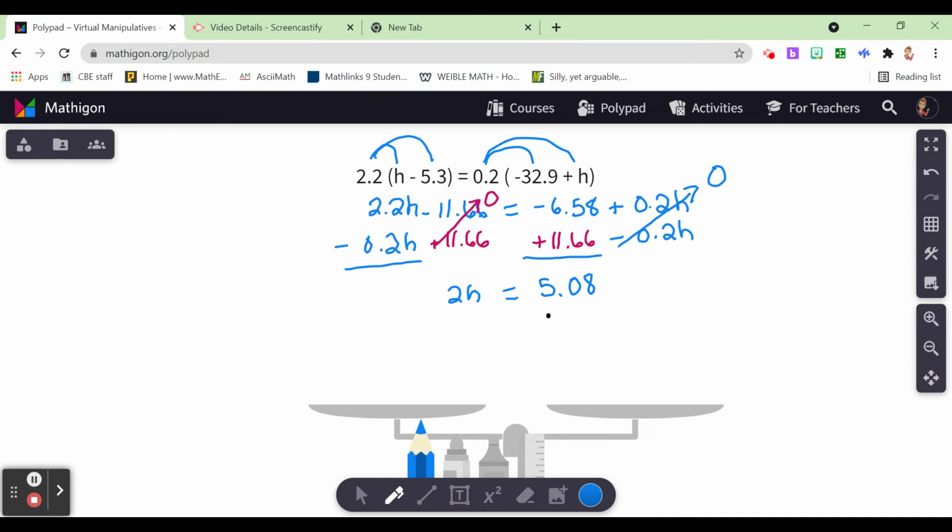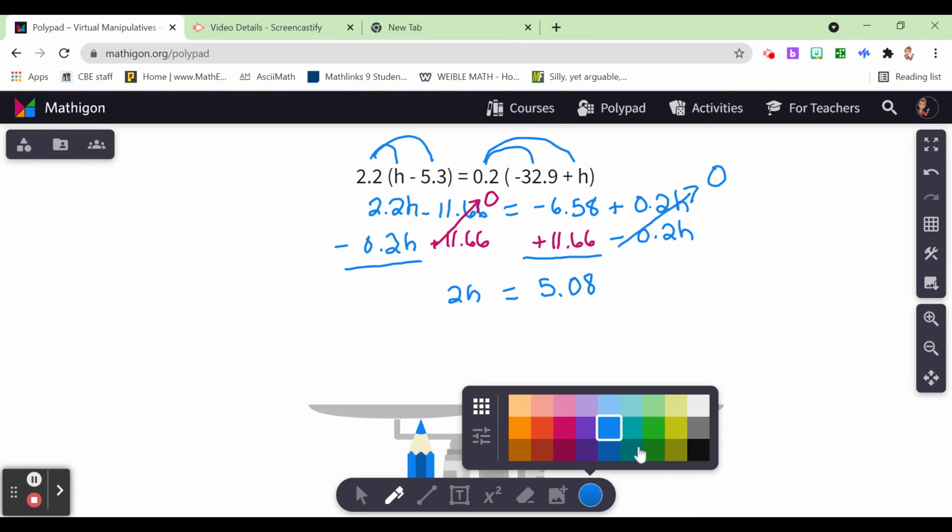Now I have a very basic equation, so now I need to group it. And the way you group something is through dividing. These two are attached by multiplication, and so I need to do the inverse operation, or the opposite, to undo it.